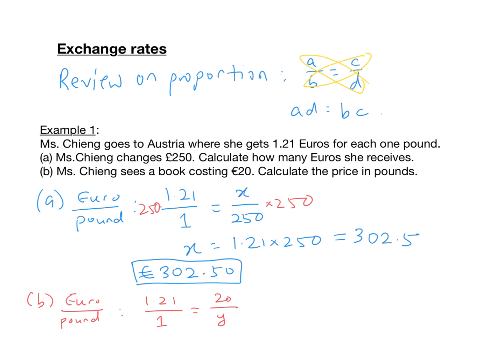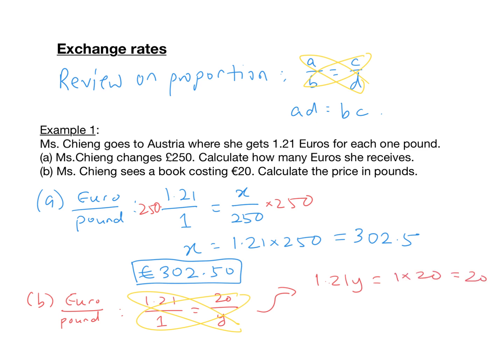In this case, we can use the cross multiplication method to solve for y. So I'll end up with 1.21y equals 1 times 20, so that is 20.